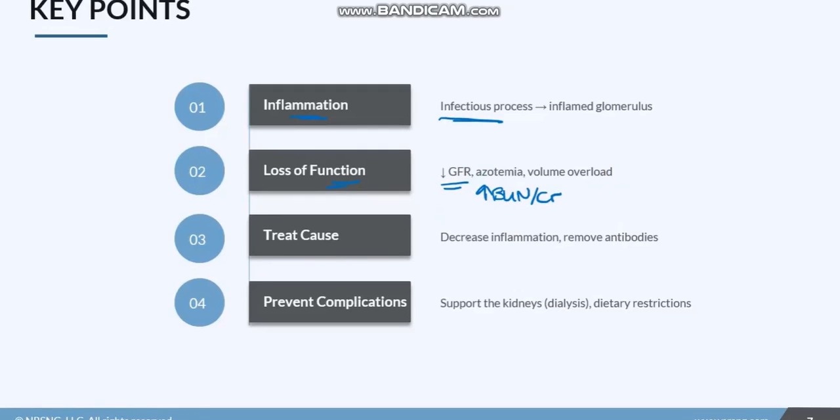We want to decrease the inflammatory process and stop that immune response that's causing the problem, which is where plasmapheresis comes in to remove those antibodies. All the while, we want to support the kidneys. We can use dialysis to do that, as well as medications. And we want to prevent long term complications like chronic kidney disease.